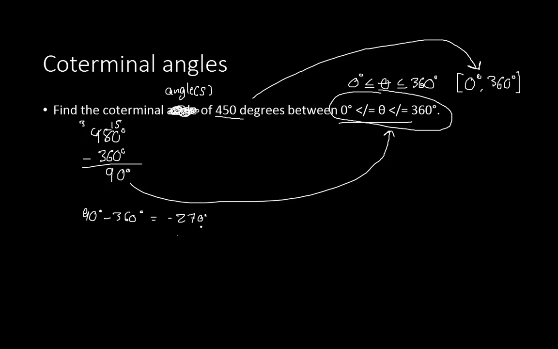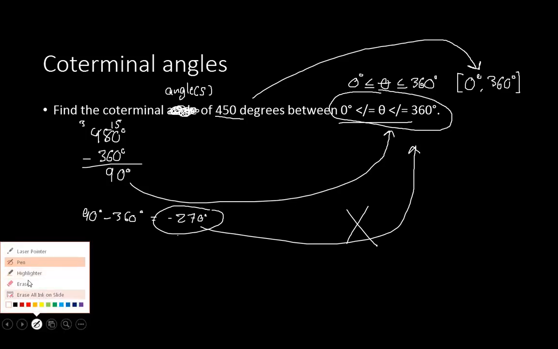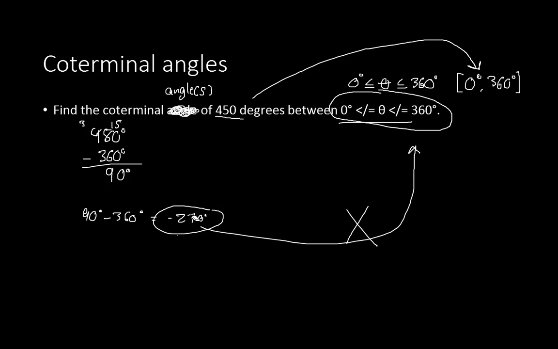Is negative 270 degrees within this range? The answer is no, because it is already away from the range. It's supposed to be between 0 degrees and 360 degrees.